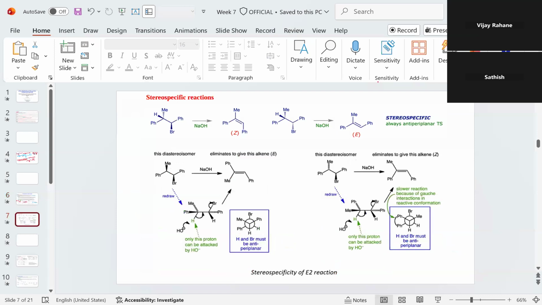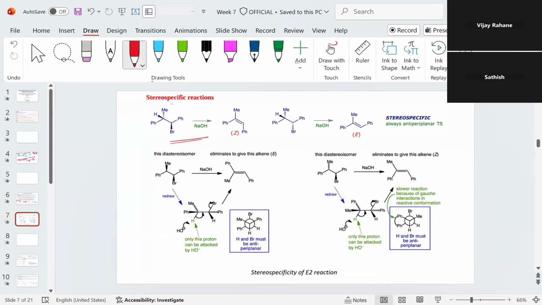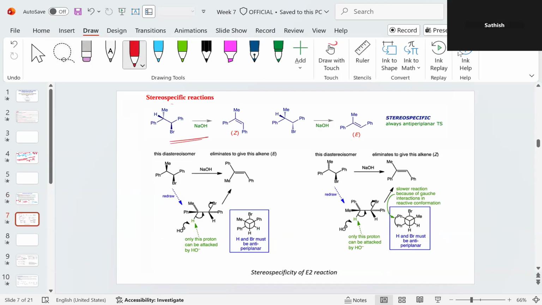So this is another example of a stereospecific reaction, the one I showed earlier, the E2 elimination reaction. This proton is abstracted by the base NaOH, and the Br negative gets eliminated. So we get the Z product as the major product.